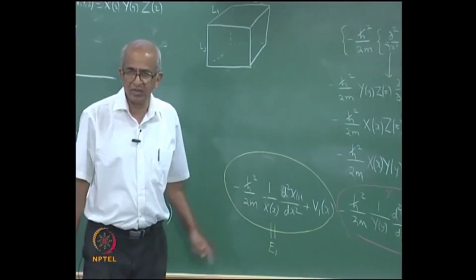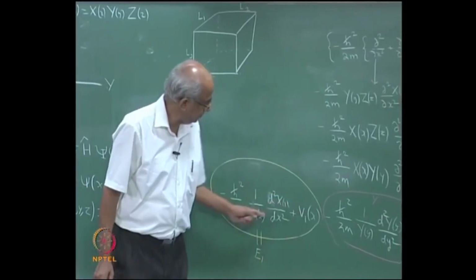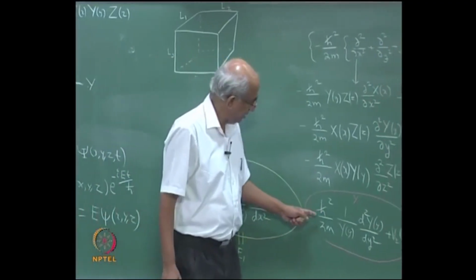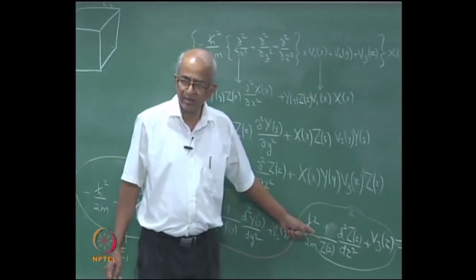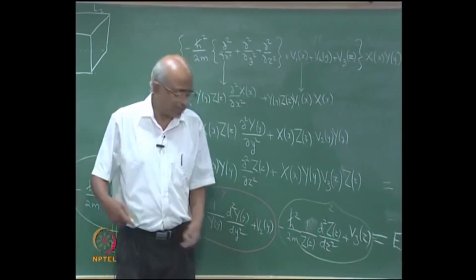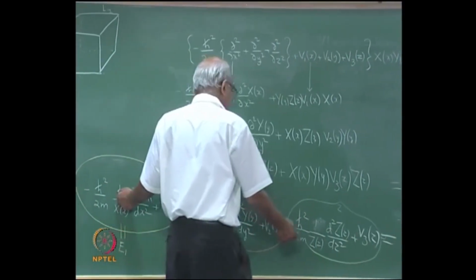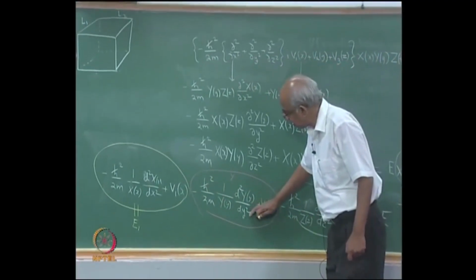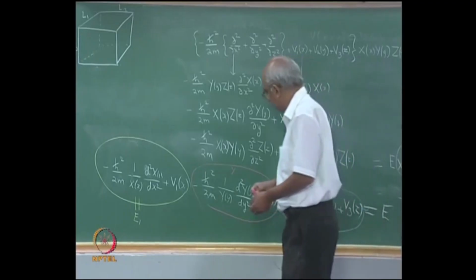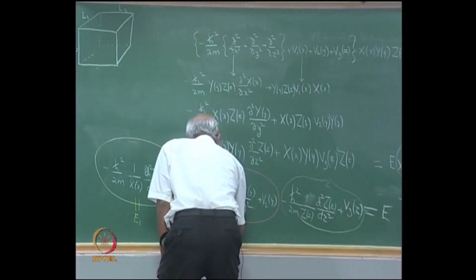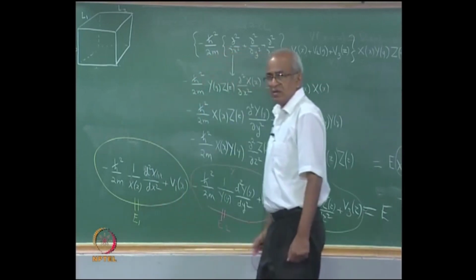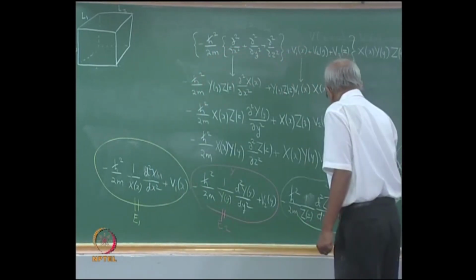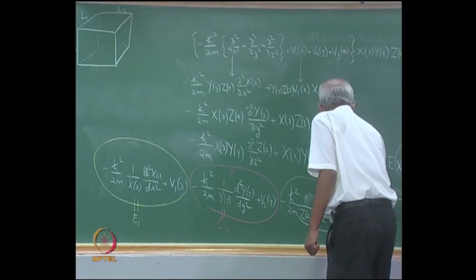I could have taken this and that also to the other side and repeated the argument, and it would imply that this also must be equal to a constant, and therefore, this is equal to some E2. And the third one also must in a similar fashion be equal to a constant, which you will call E3.